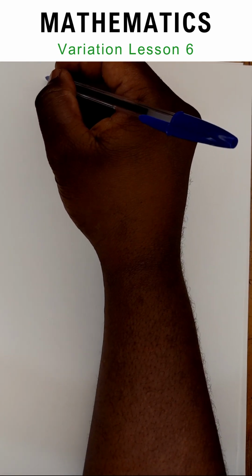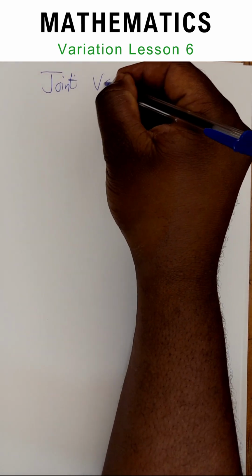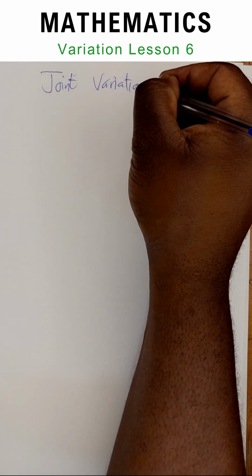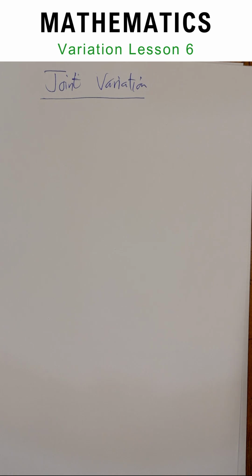At example number 3, which is dealing with joint variations. A joint variation combines inverse and direct variation.